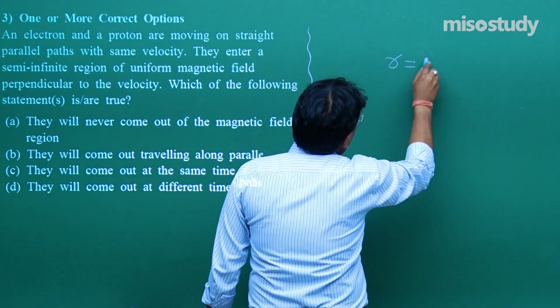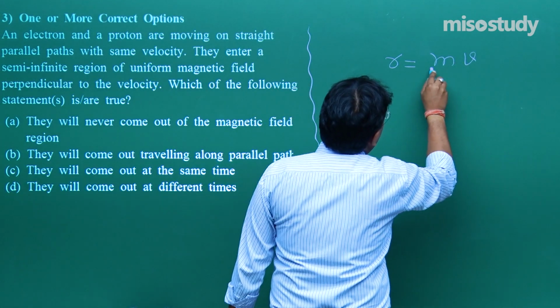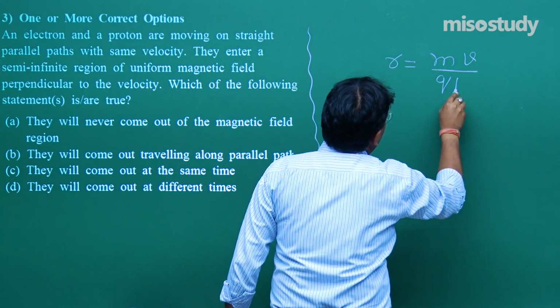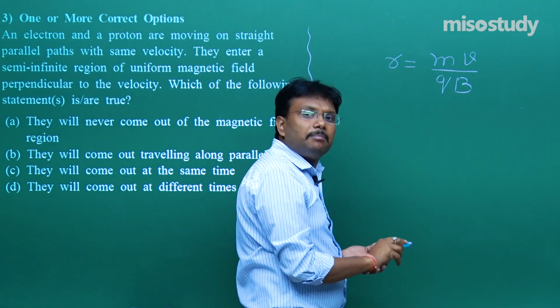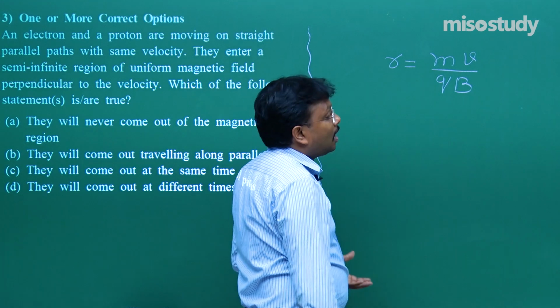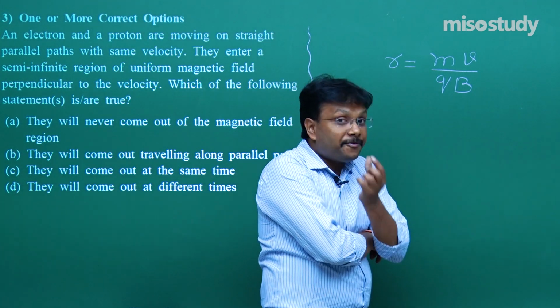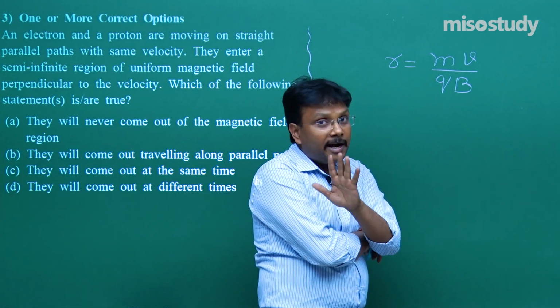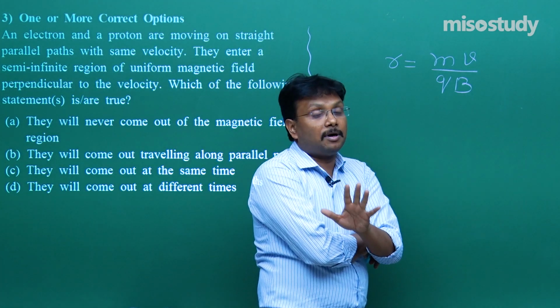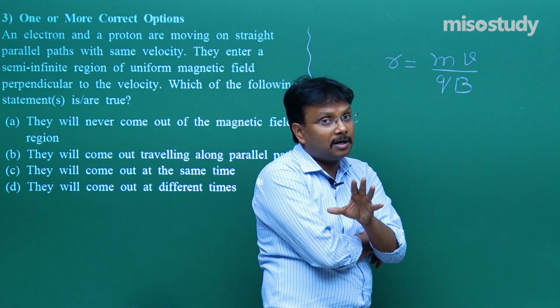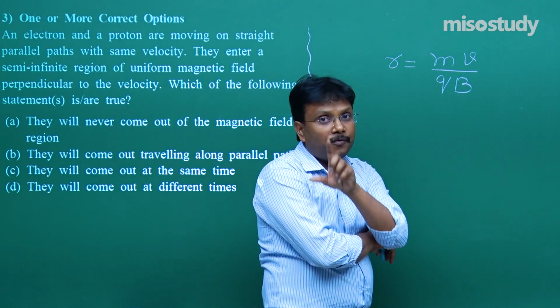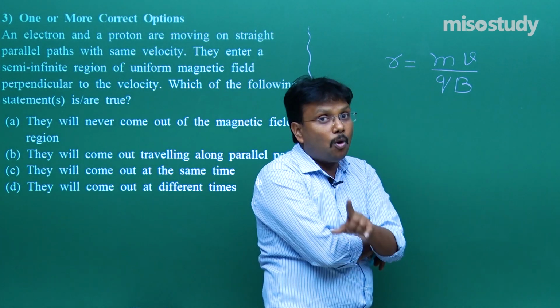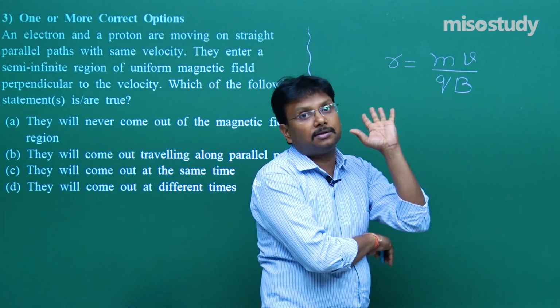If I write R is equal to mv upon qB, you will say no problem, a very well known simple relation. And every time I emphasize even a very minute detail, it is not that I am wasting your time, but I am emphasizing that the closer you are to the basic concepts, the more marks you are bound to get.